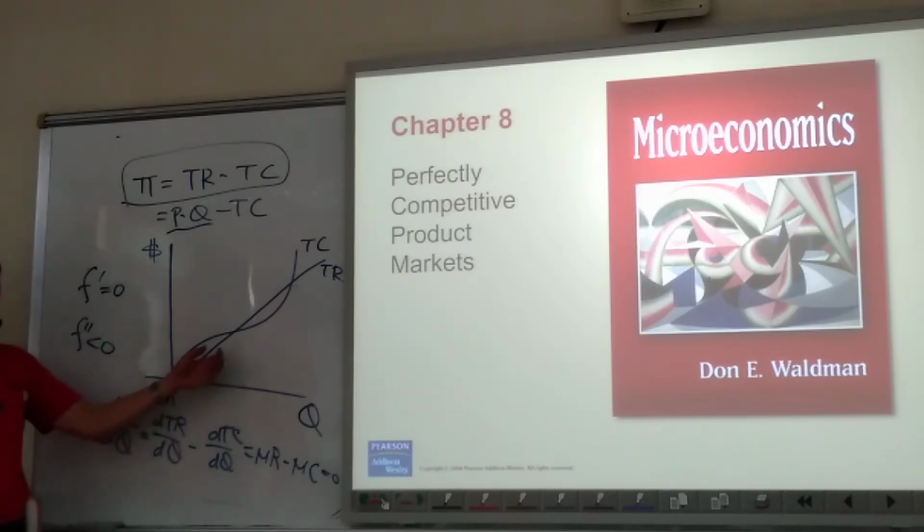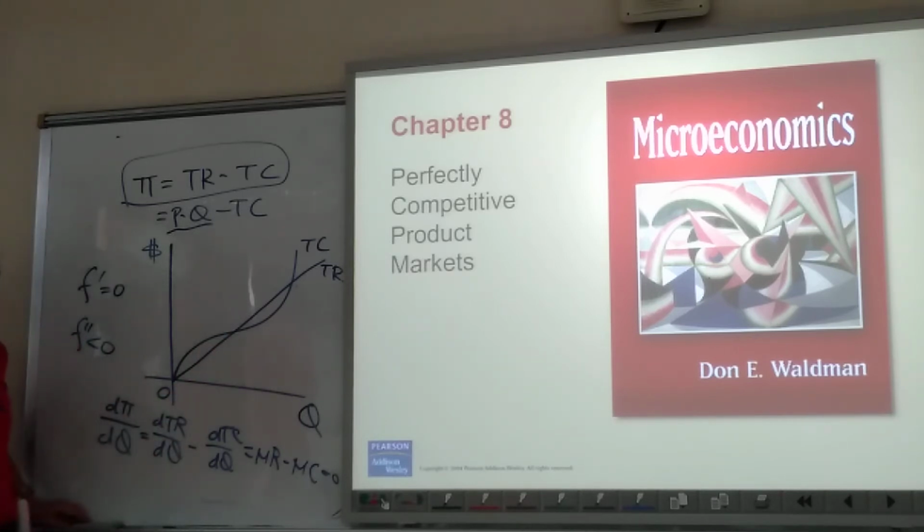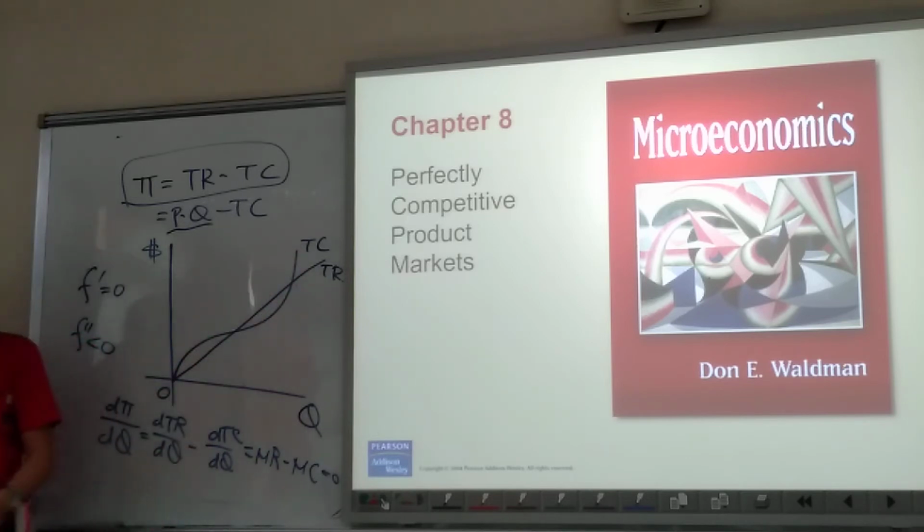What about the diagram? How can we tell at which production level this firm is going to maximize profit? First, what is marginal cost? When you look at this diagram, what is the marginal cost?